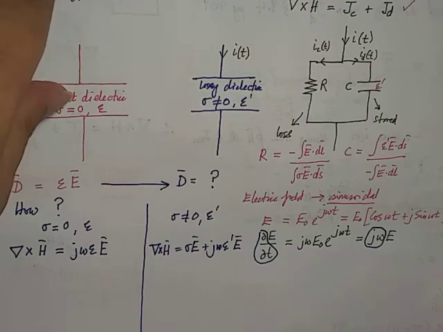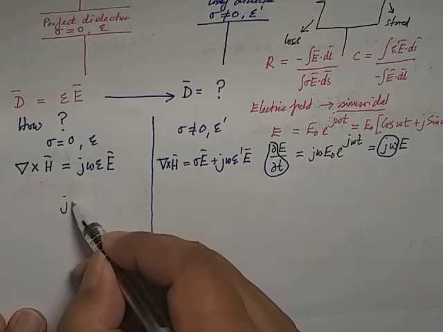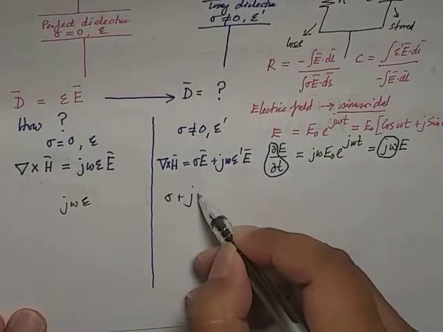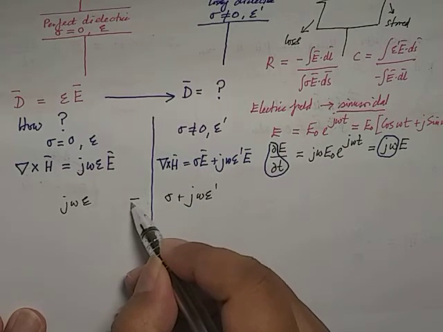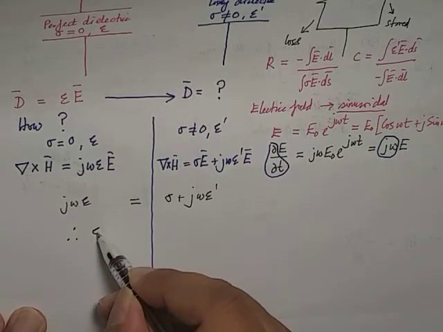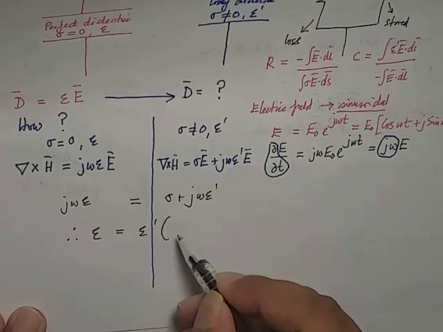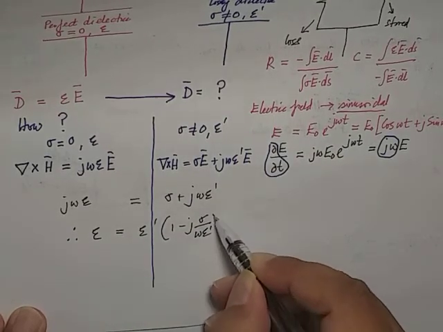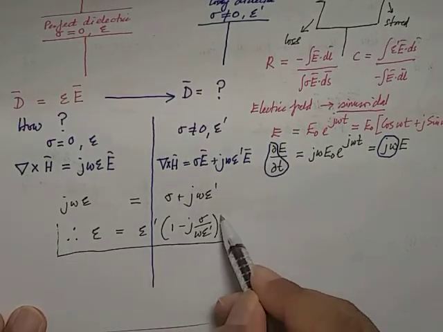So now, when we compare these two together, I'm going to say now, j omega epsilon E going to be equal to sigma plus j omega epsilon prime E. Okay, can we see that logic now? And so, what we can conclude now, the epsilon actually equal to epsilon prime times 1 minus j sigma over omega epsilon prime. That should be the equation that we can see coming from these relationships.